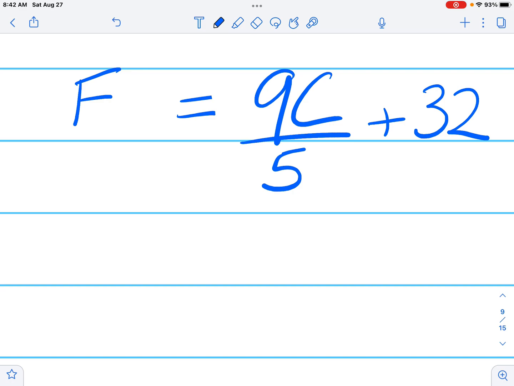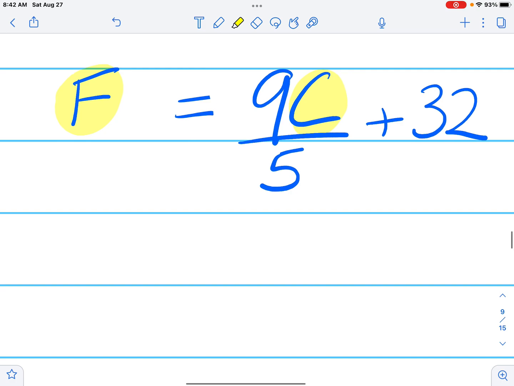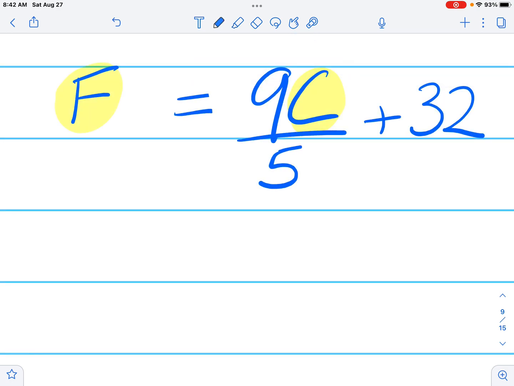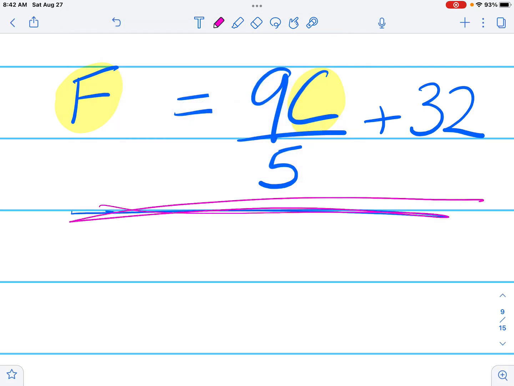So what does this give me now? This shows me how to put in C and obtain F. 9 times centigrade over 5 plus the 32 will give me Fahrenheit. Now, if you like, you can have a little fun by converting the centigrade to Fahrenheit. But the question is done. We're there now.